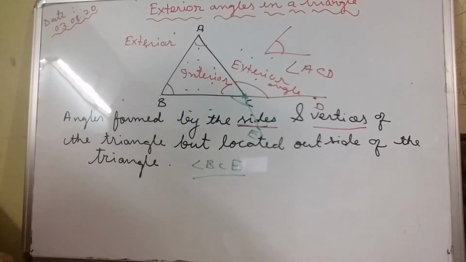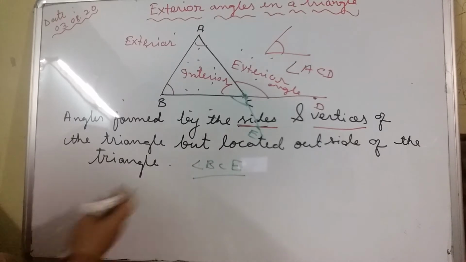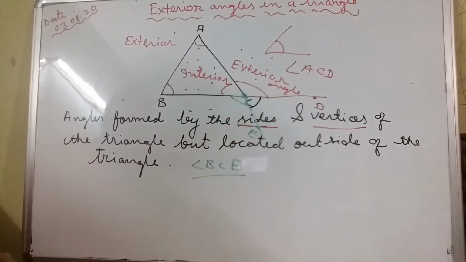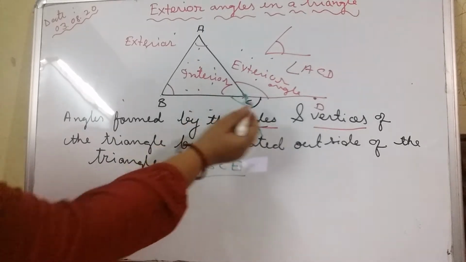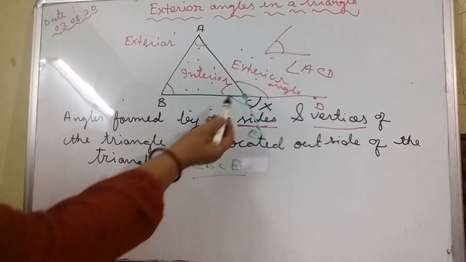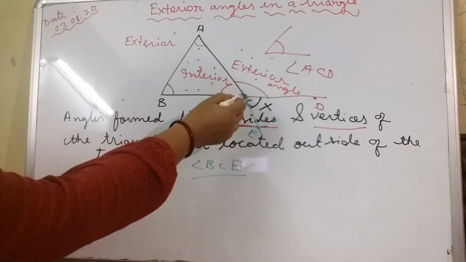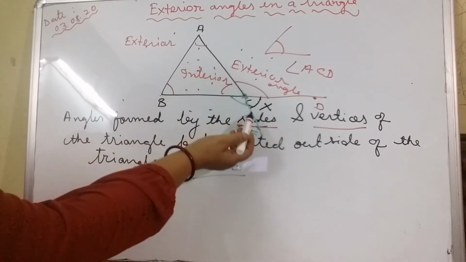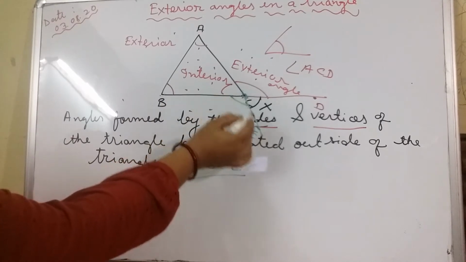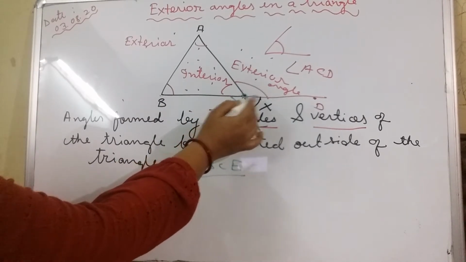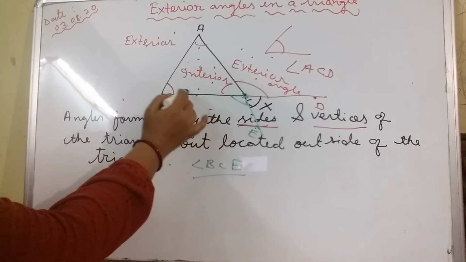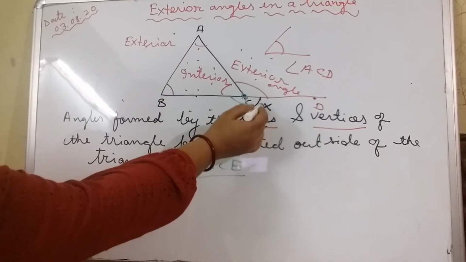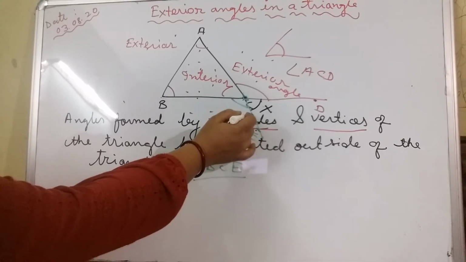Now the question is, is this angle an exterior angle? No, it's not an exterior angle because the vertex it is having, that is C, but it doesn't have any of its sides. Like both this CE and this CD, both are extended parts of BC and AC. Okay, so it is not an exterior angle.